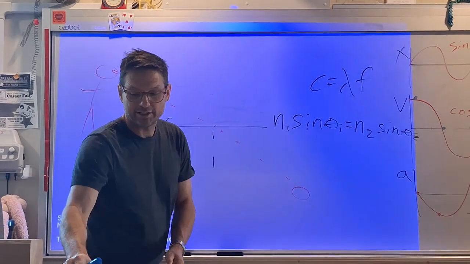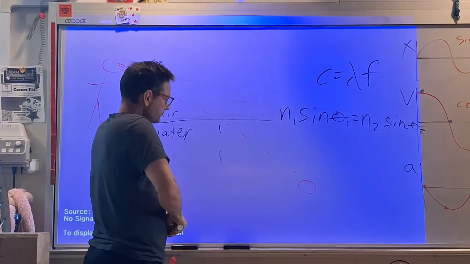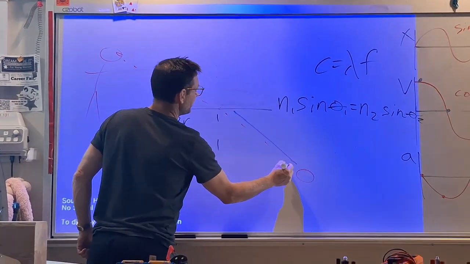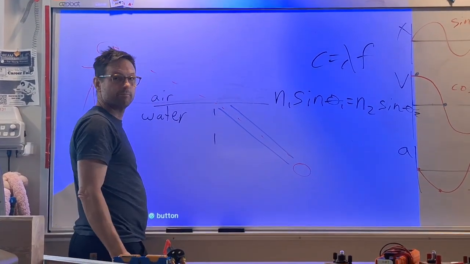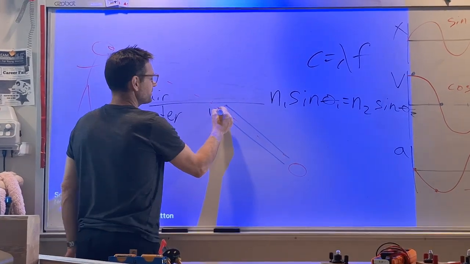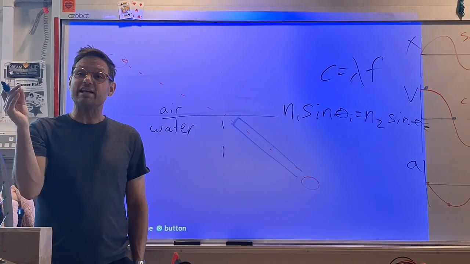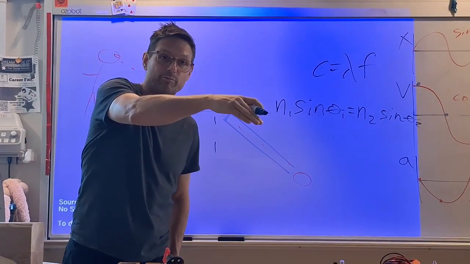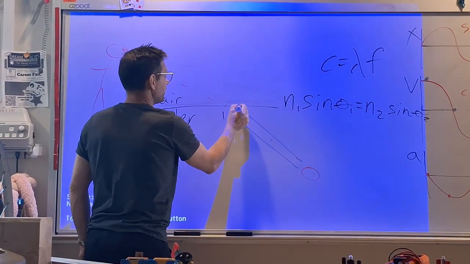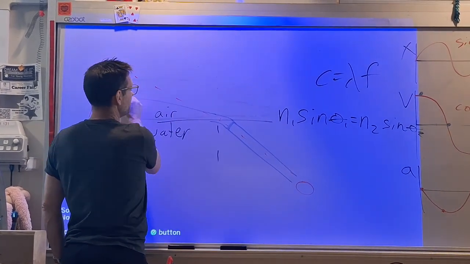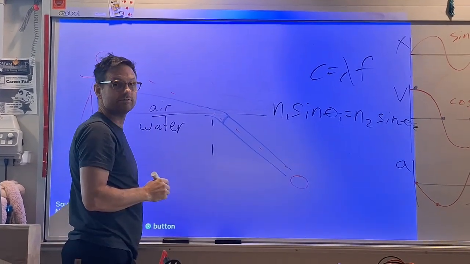So if the coin is actually here, your light comes from it up to here. Which side hits first, top or bottom? The top's going to hit first, and when it comes out into less dense, it speeds up, right? So this is going to turn this way, and it's going to come out like this, and Jeffrey's not going to see it.